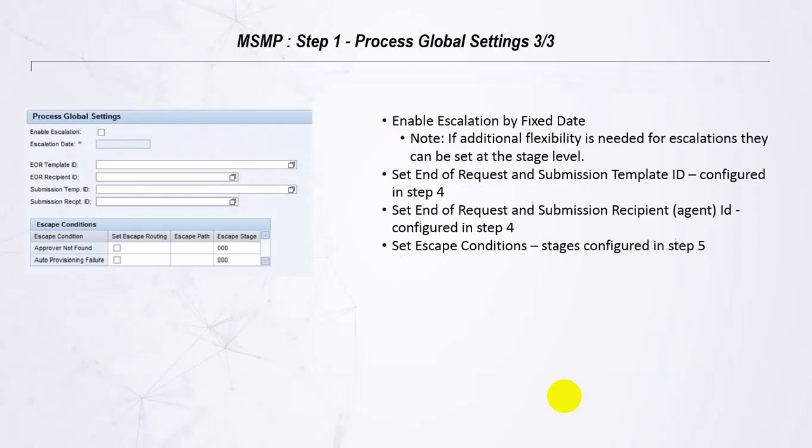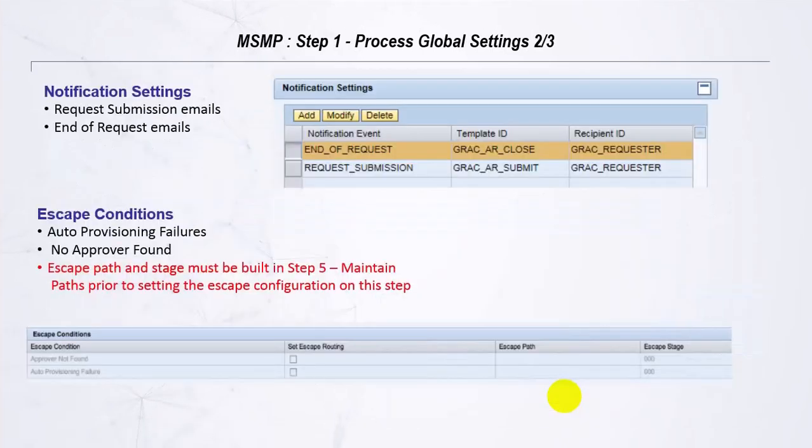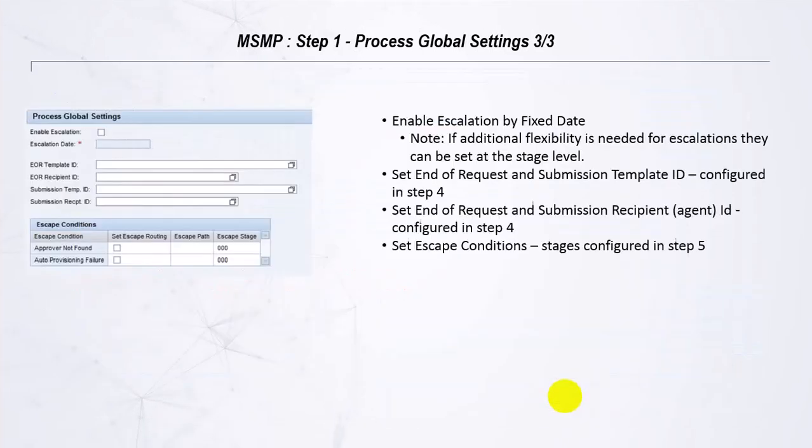Okay. Apart from the standard settings like notification and escape conditions, there are also escalation conditions, but I have not seen anybody maintain escalation templates in the process global settings.